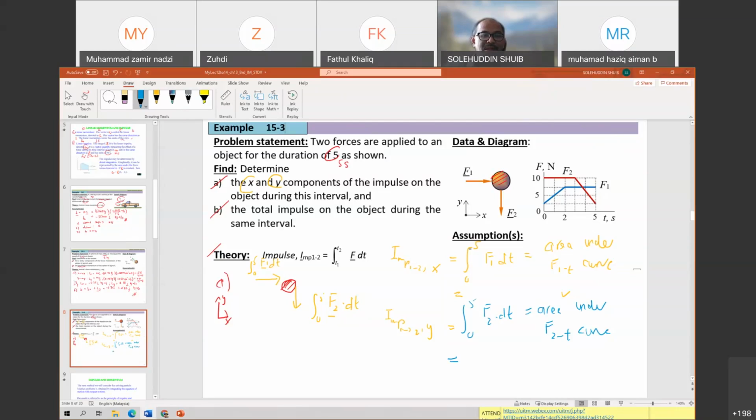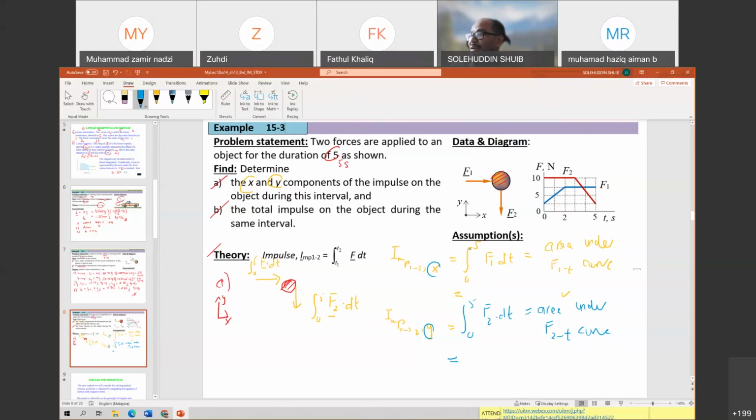Can you tell me what is the answer? Area under the X and Y curve, based on this figure.